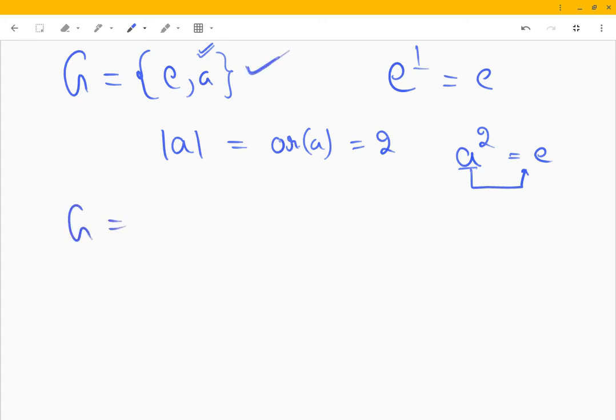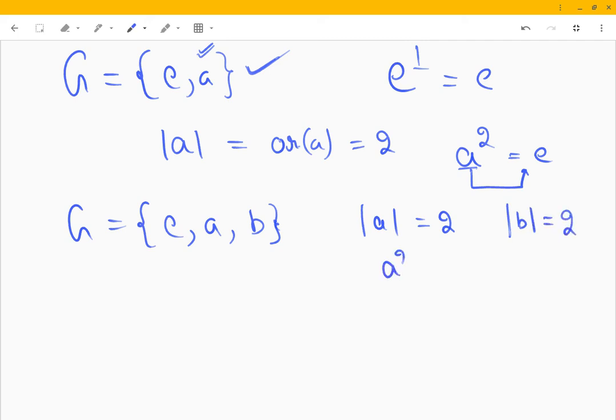Now let's say I put another element B of order 2 and I call it a group. Now see, the order of A is 2, also the order of B is 2. That means A square is E and B square is E. But what is A star B?